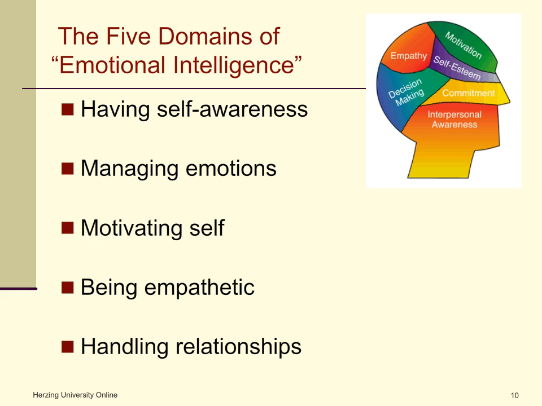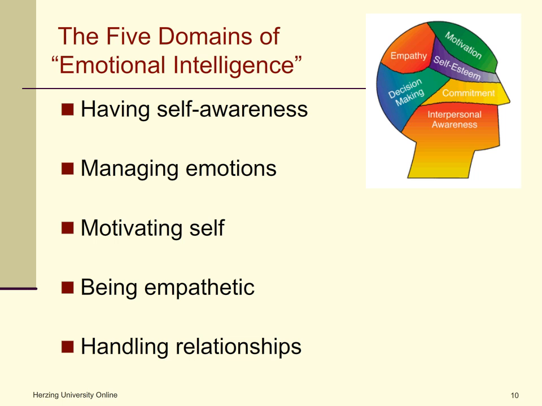The 5 main domains of emotional intelligence are associated with competent practitioners. These are having self-awareness, which means that you can identify the emotions you are feeling and that you know how they are altering your perception.